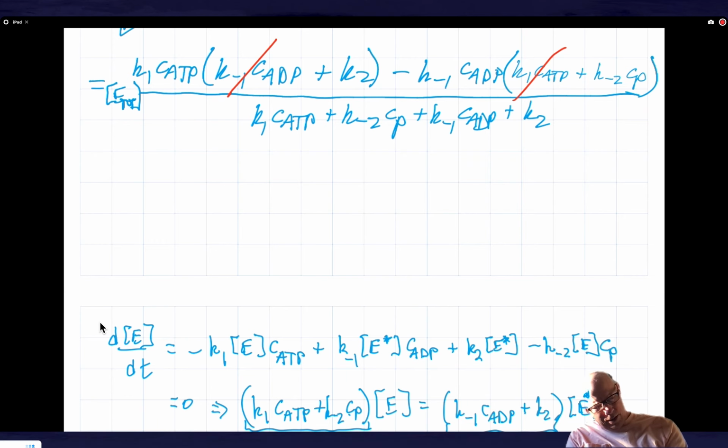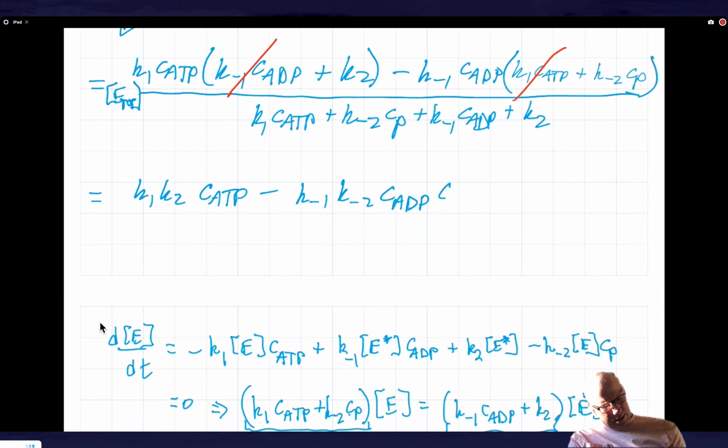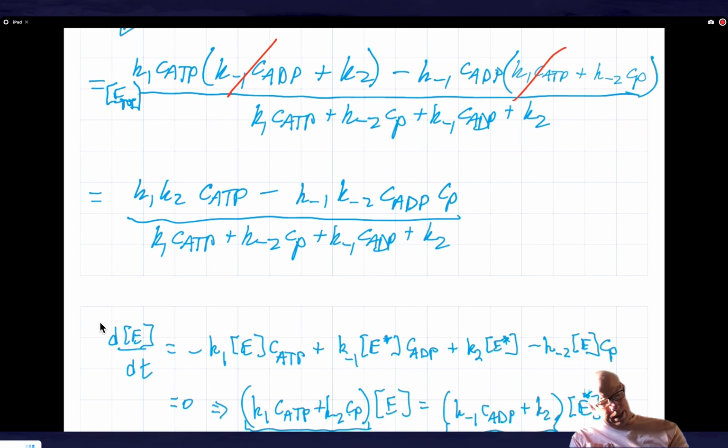And so the net result, when all of the dust settles, is a net flux of K1, K2, C ATP minus K minus 1, K minus 2, C ADP, CP. This is all divided by that same denominator. And then I have this E total factor.